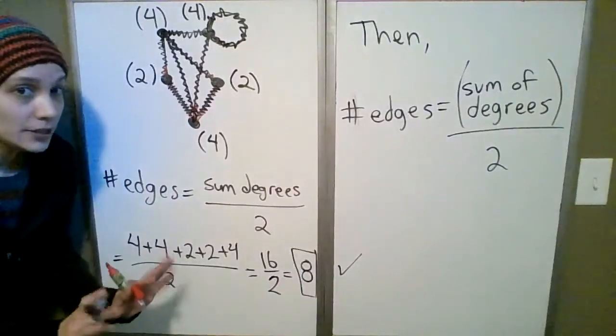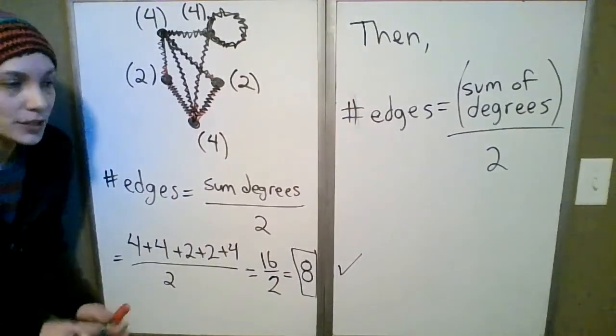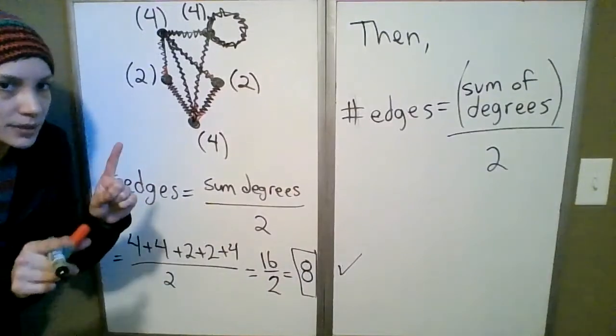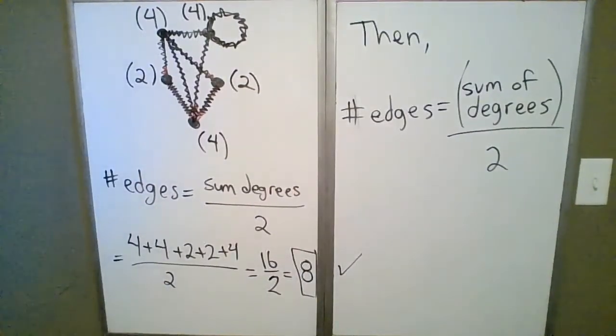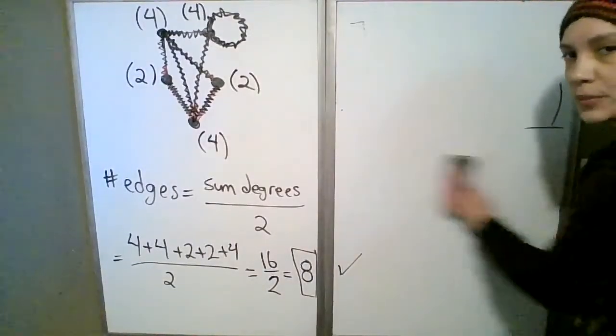Okay, we're going to do another graph. This was from a student, and I really liked the picture. So we're going to do a triangle with 2 loops. And from this graph, we're going to get the number of edges.